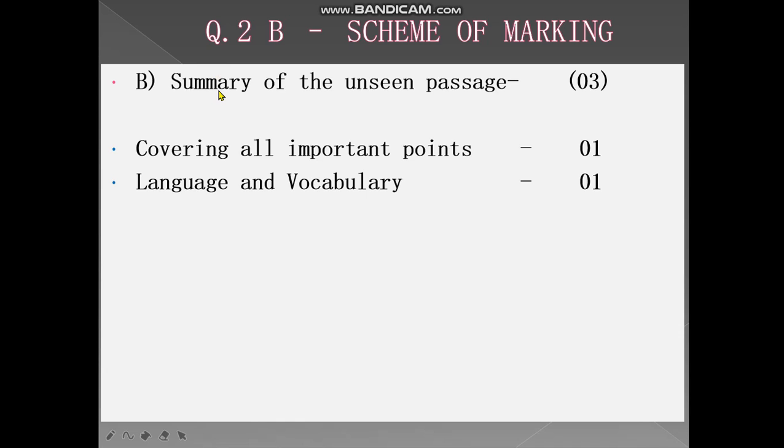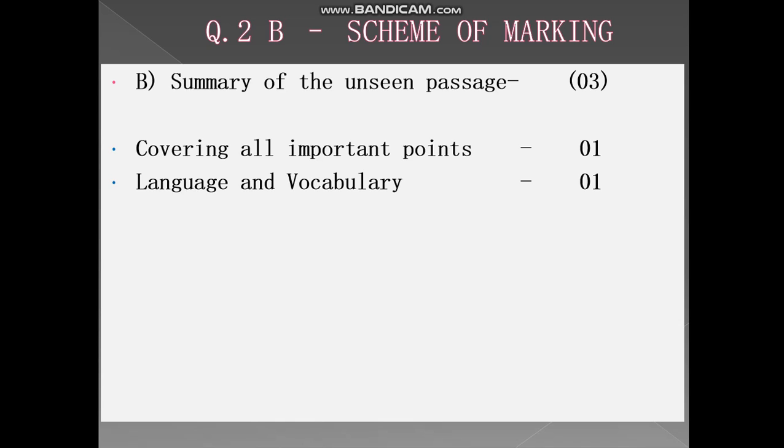Because in a summary, suppose the original passage uses idioms and phrases by the poet or writer, then you should not rewrite them. You should cancel that idiom, because why did the writer choose idioms and phrases?